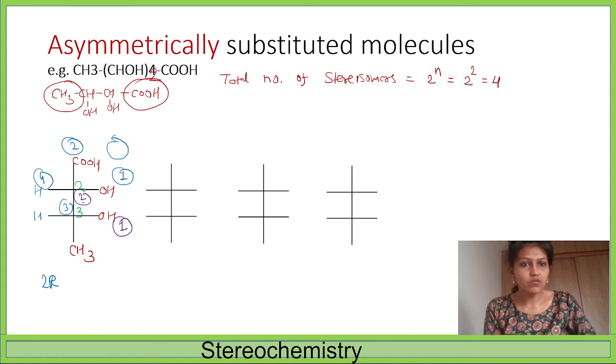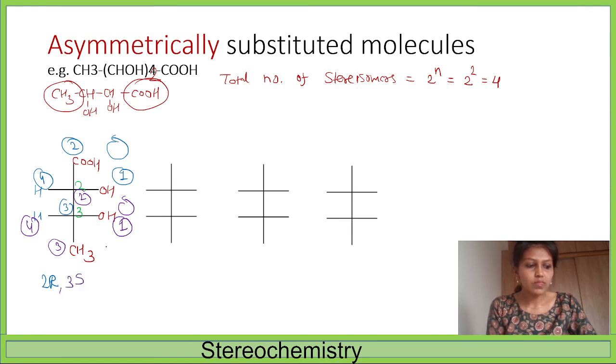Second number is given to this one, third is this one, fourth is this one. So 1, 2, 3 is anticlockwise, so S, but S becomes R over here, so 2R, 3S, right?